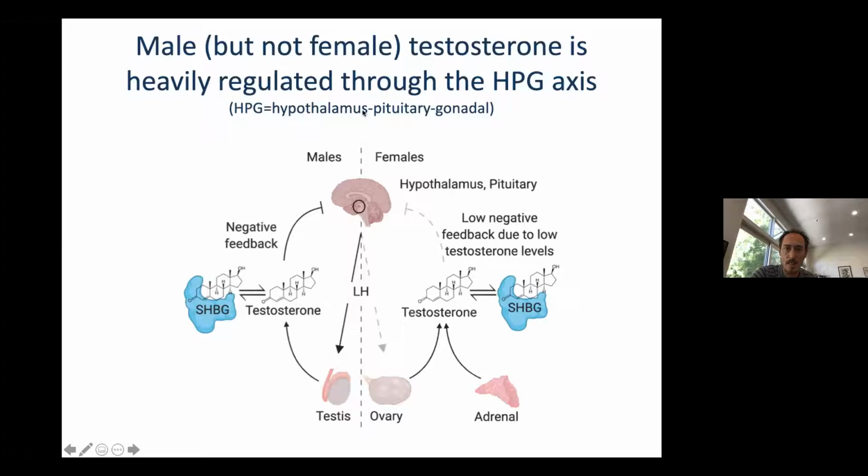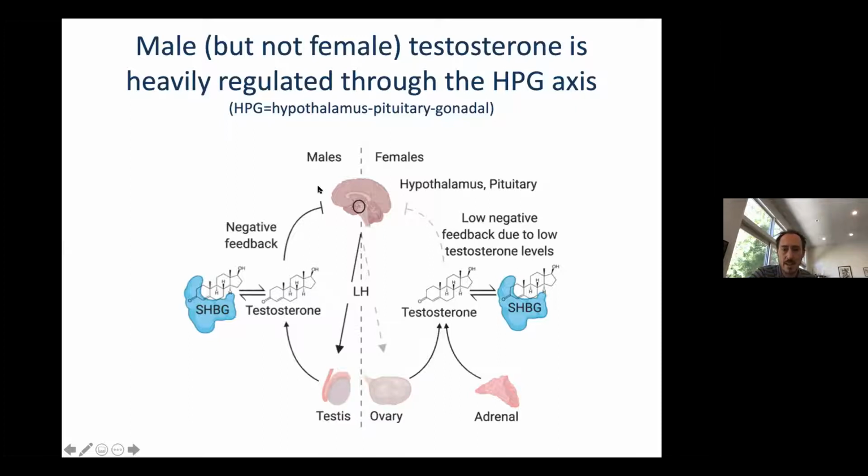So this is the hypothalamus-pituitary-gonadal axis. And so basically you have positive regulation coming from the hypothalamus and pituitary. It's flowing through luteinizing hormone, and that's stimulating testosterone production in the testis.